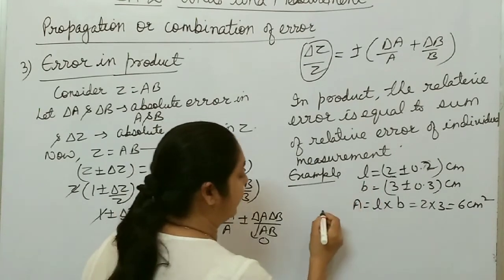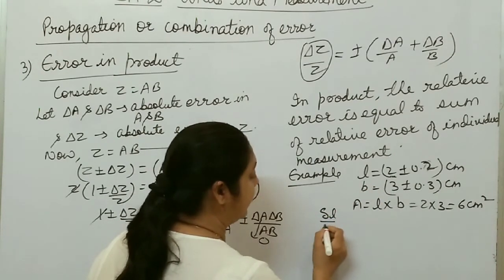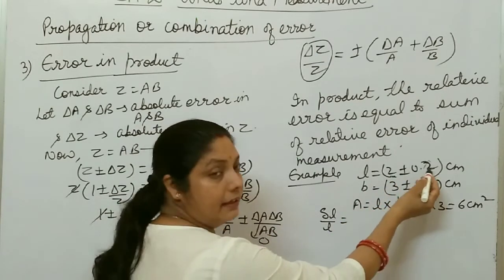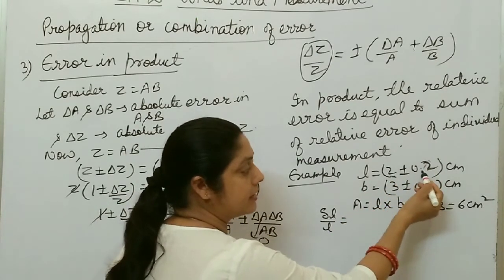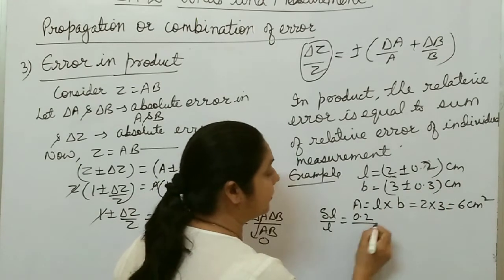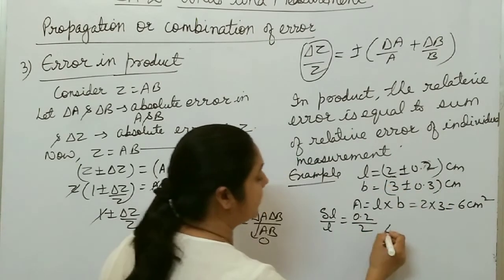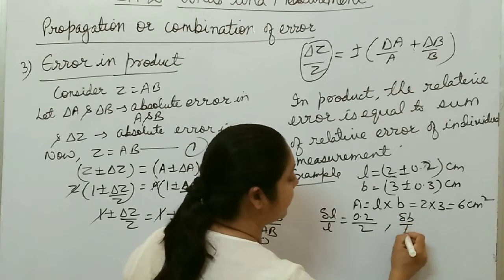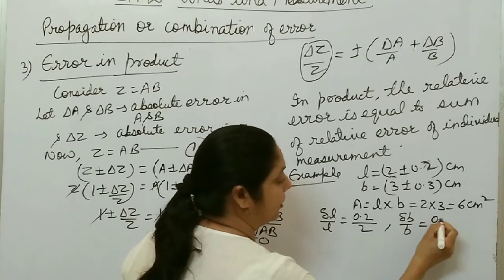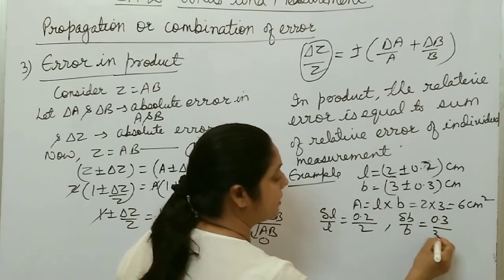Now the relative error you have to calculate, delta L by L. What is delta L by L here? Delta L, the absolute error in this length measurement, is 0.2 and L is 2. In the same way you calculate delta B by B, the relative error in B, 0.3 and the true value is 3.